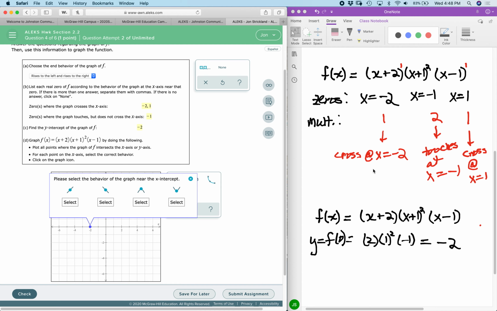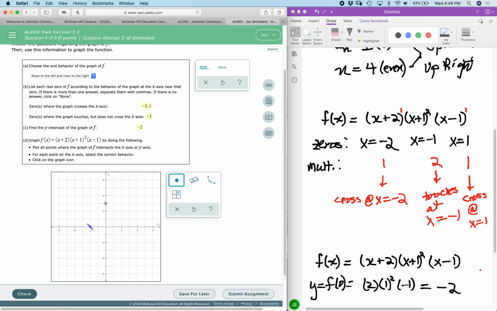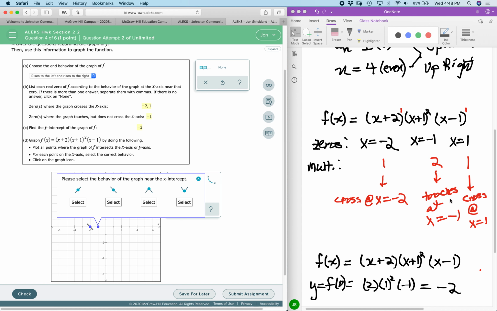Now -2 is going to be the leftmost zero. Here at -2, you have the end behavior rising to the left, but at -2 you have to cross, so you're going from above to below. Then we have x equal to -1, and at -1 it's going to touch the x-axis.